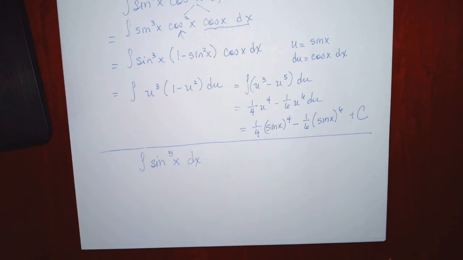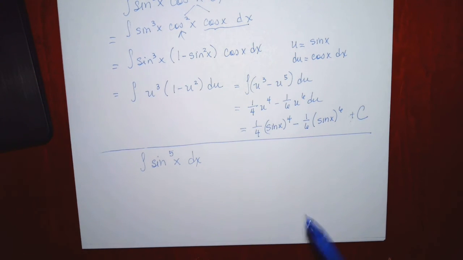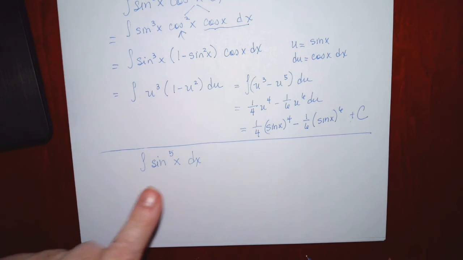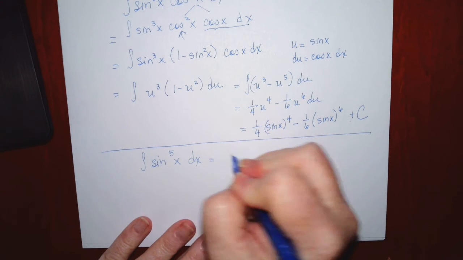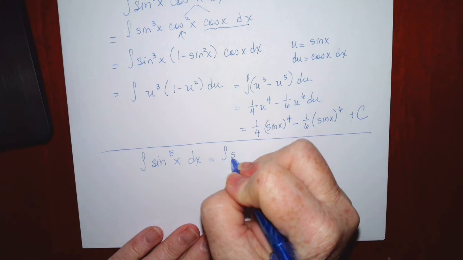Well, what we'd really like is if we had a cosine x over there and just make it a u to the fifth du, but we don't have that. But we do have a sine function raised to a positive odd power. So I'm just going to pull off one of those sine functions.